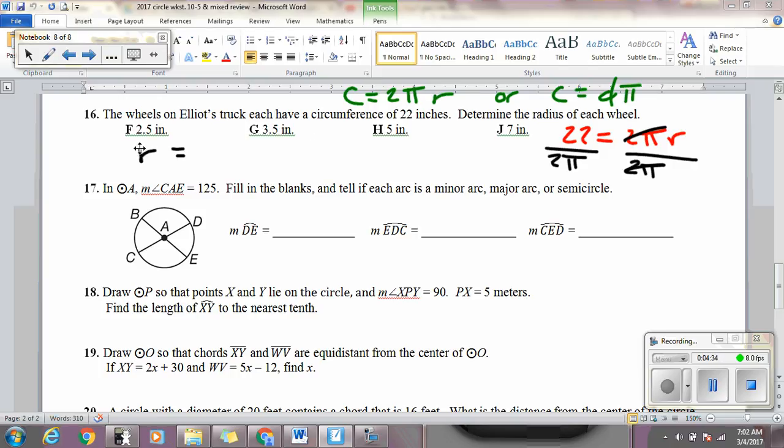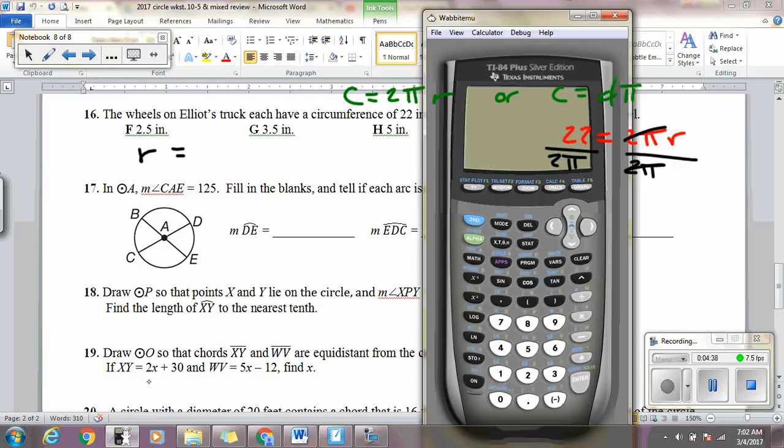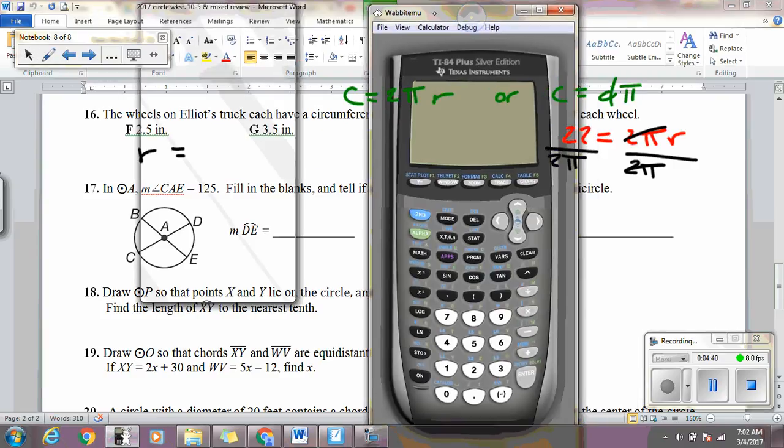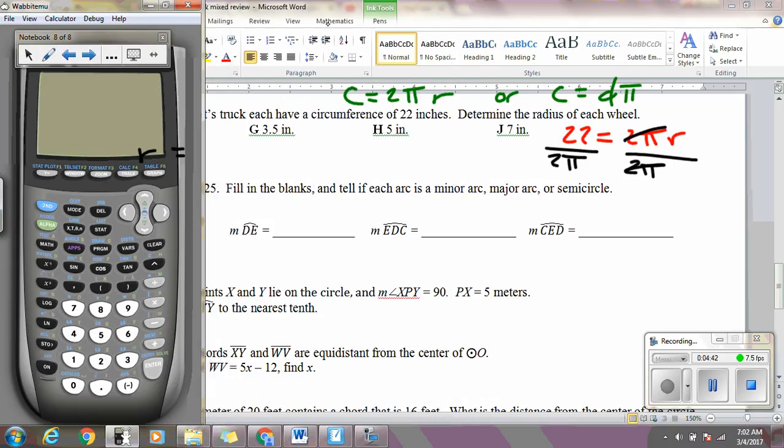So R is going to equal, handy dandy calculator. And when you use the calculator, use the pi button. So 22 divided by, notice I put it in parentheses, 2 and pi is second caret top.